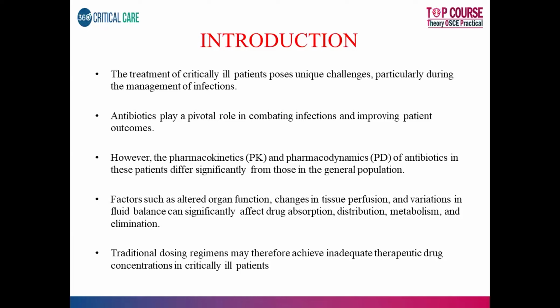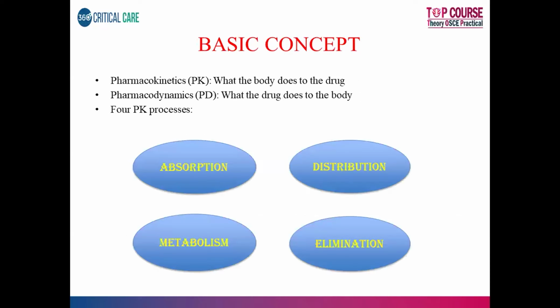Because there is an altered organ function in critically ill patients. There are changes in tissue perfusion. There are variations in fluid balances. All these can affect your pharmacokinetics, especially your drug absorption, distribution, metabolism, and elimination. Hence, traditional dosing regimens may achieve inadequate therapeutic drug concentrations in critically ill patients.